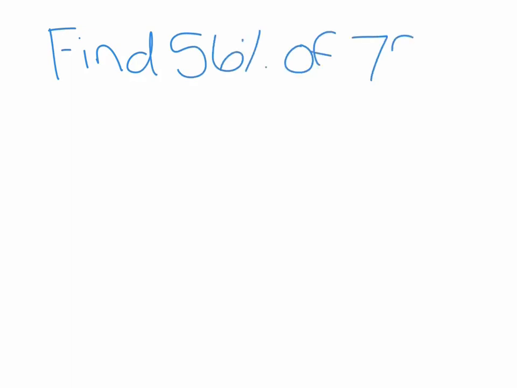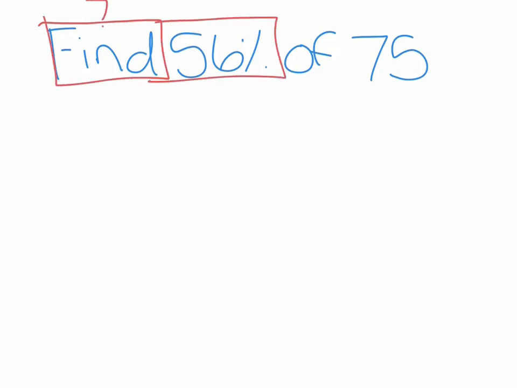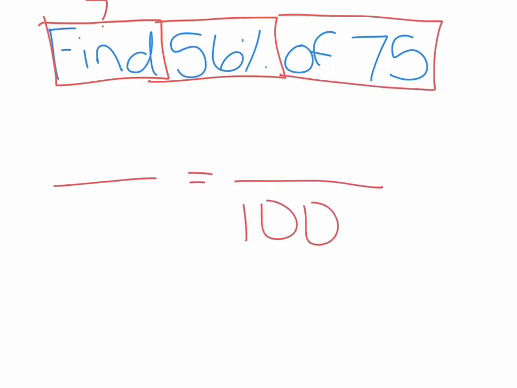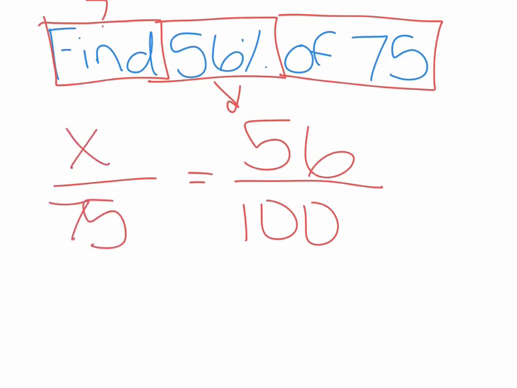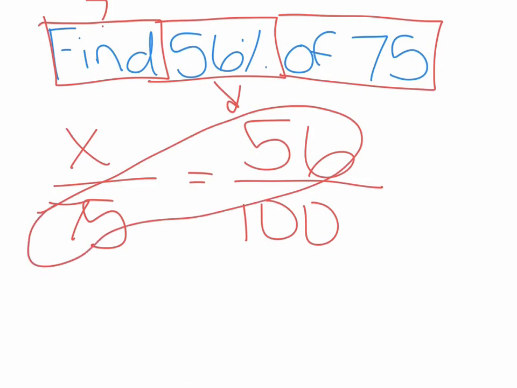For the next one, it says find 56% of 75. So I'm going to box my parts. Find, that's my question mark. It's not the percent, that's our missing. 56% of 75. We're going to set up our proportion. Always have the 100 on the bottom. We know we can fill in our 56%. That one was easy. So our is we don't know. So that's going to be our X over 75. So notice we're going to multiply this direction now because we are missing our X. So we're going to do 56 times 75.